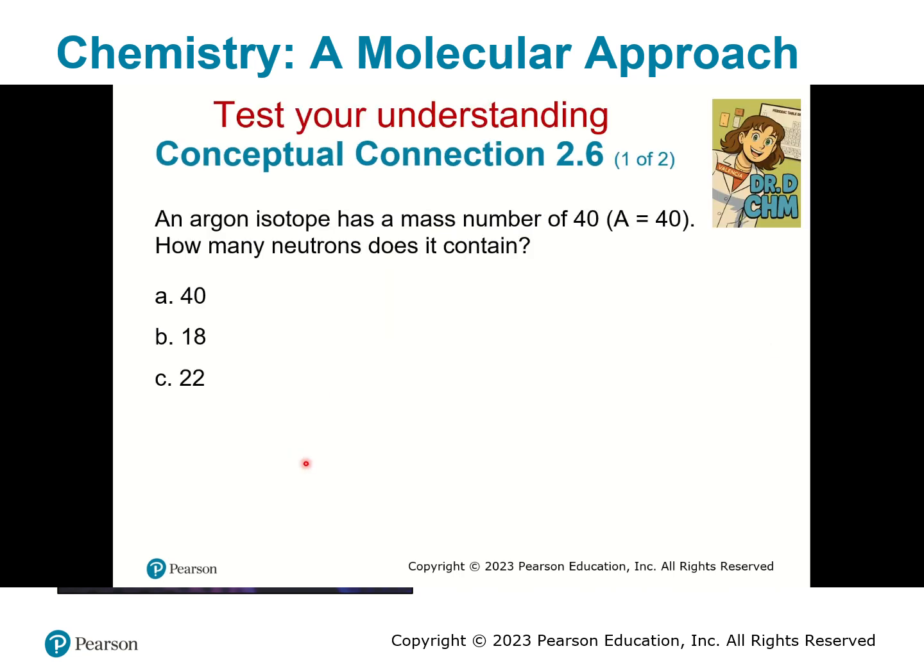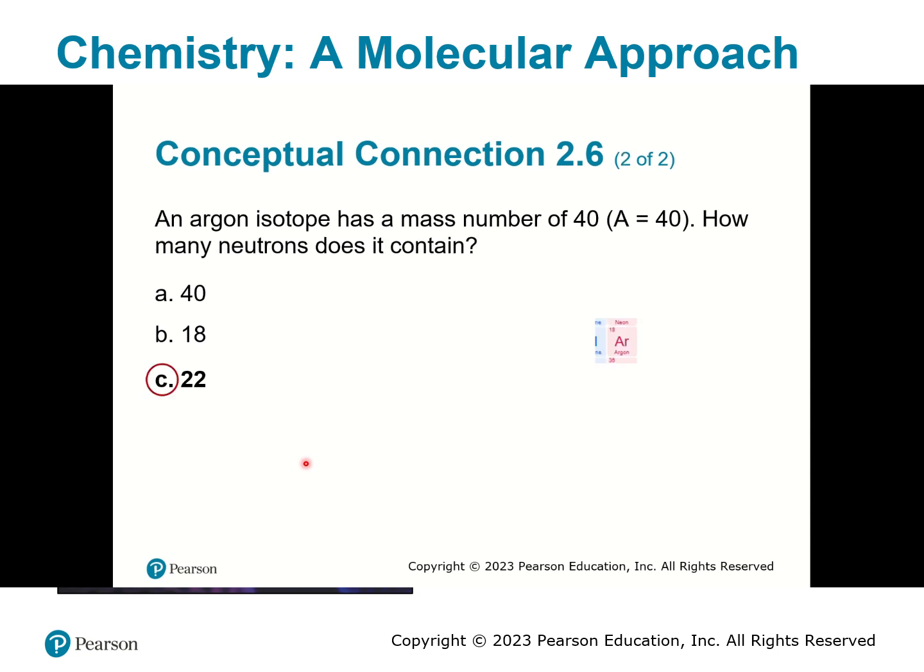So let's test your understanding. An argon isotope has a mass number of 40. How many neutrons does it contain? So you know that for argon we have 40 as the mass, and you can look at the periodic table and you're going to see the atomic number, which is 18.